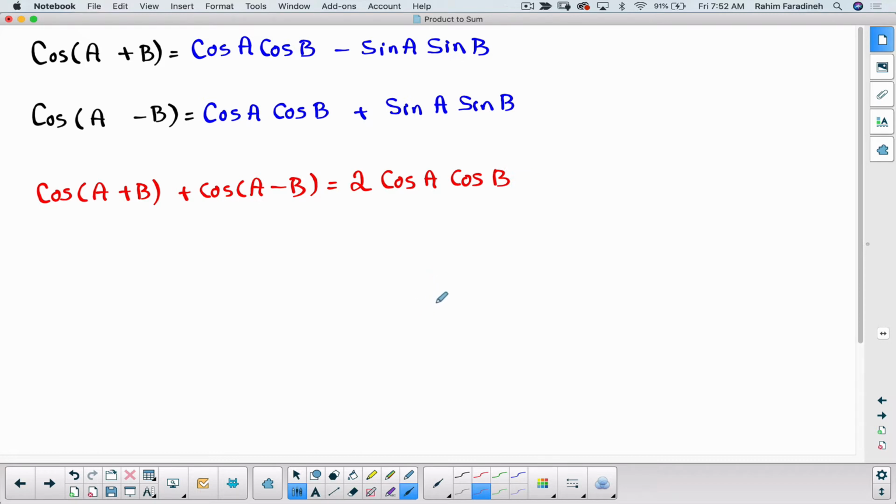Since I want to find a formula for product to sum, I'm going to isolate cosine a times cosine b, and this will be accomplished by dividing by 2.